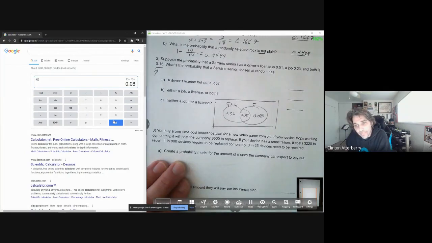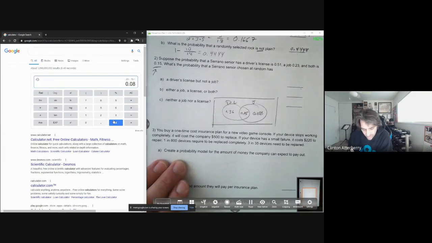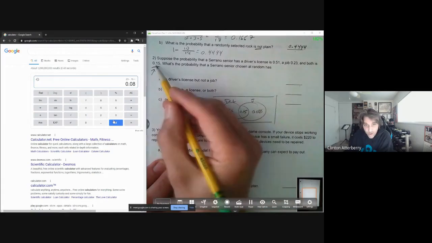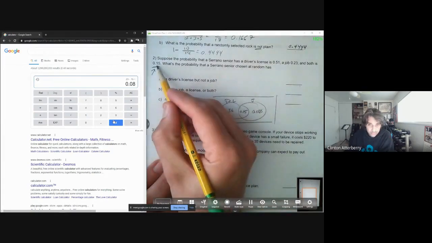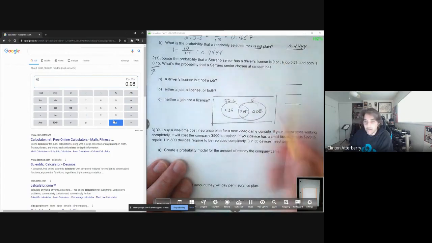Now, every time you have something with a probability, it should always add to 100%. There's people with a license, there's people with a job, and there's people with both. There's a 4th group, people that don't have a license or a job, and that is this outside group.